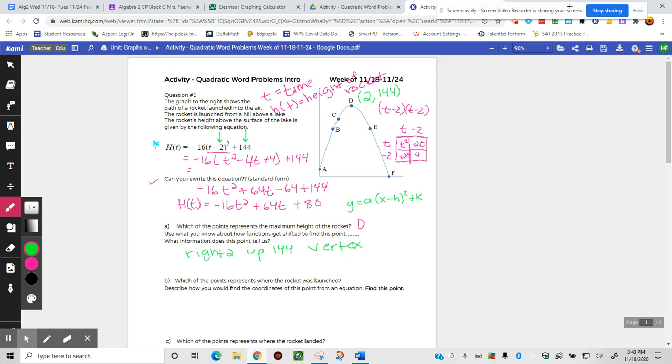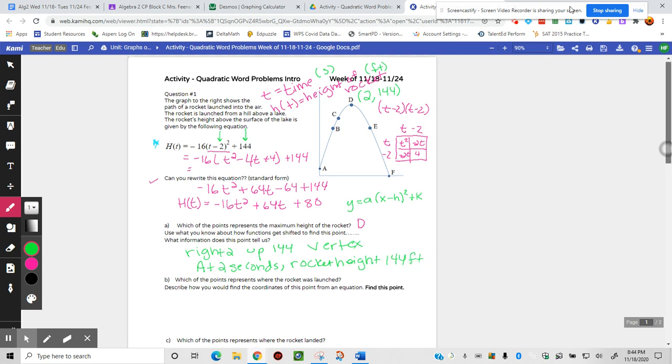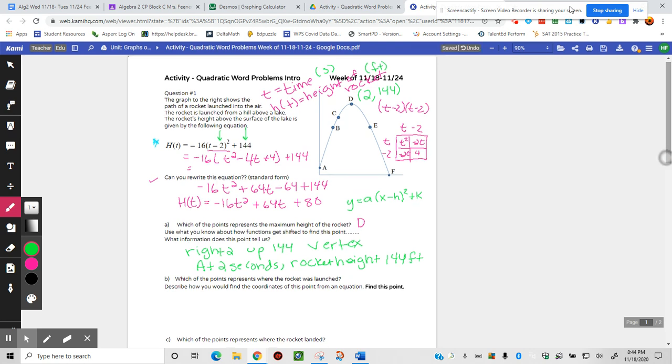And it tells us that at 2 seconds, all right, because our time is in seconds, we didn't write that, and our height is in feet, at 2 seconds, the rocket has a height of 144 feet. Okay. Right, so that's just using the shift that you know.